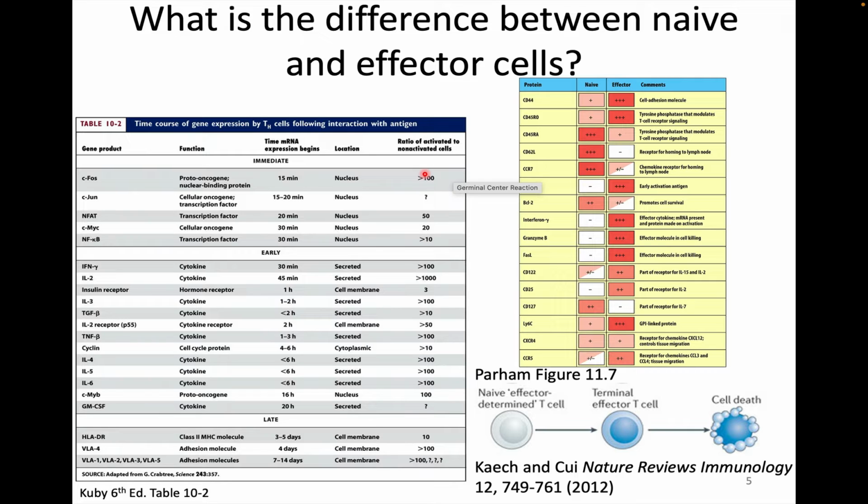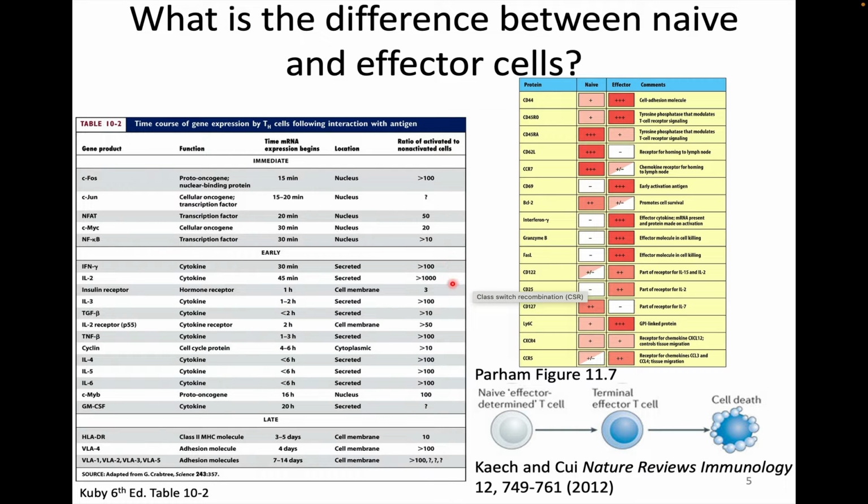So you can imagine those effector cells, which were the activated cells, are going to be able to signal really well. We've got way more NFAT, 50 times as much NFAT. We have over 1,000 times as much IL-2.